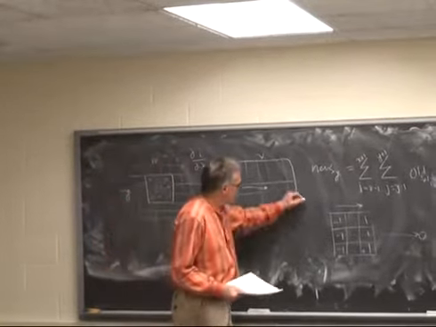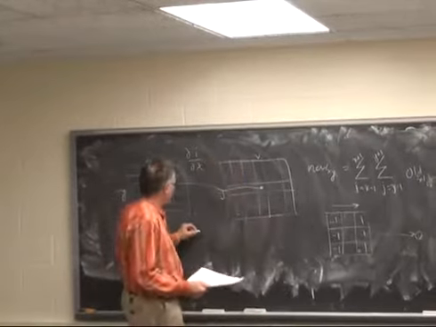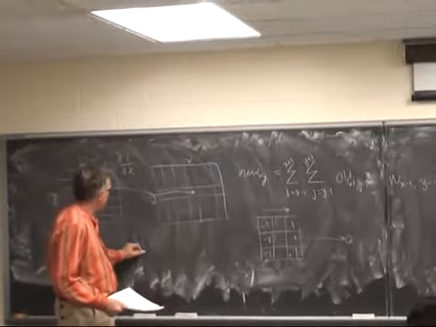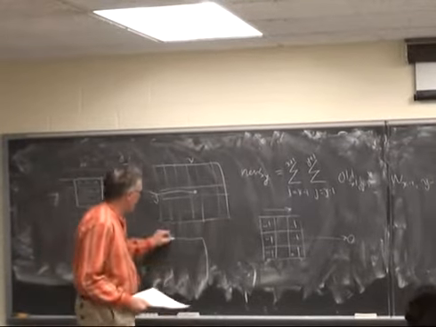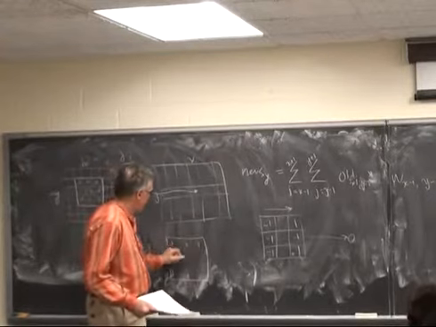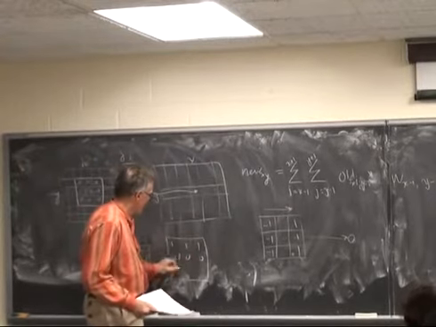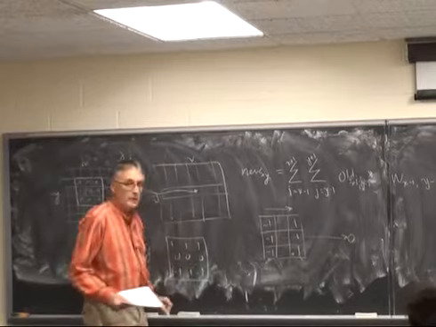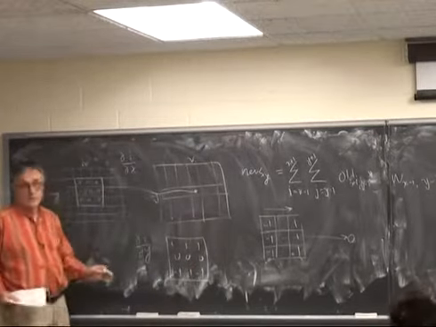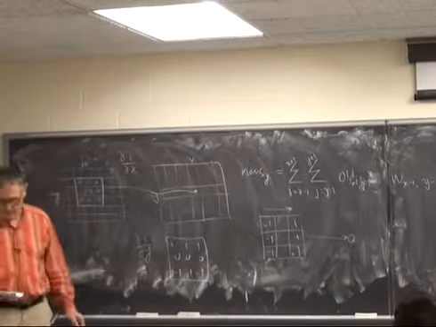So we can do the partial of intensity with respect to y by using a convolution filter that looks like this: 1, 1, 1, 0, 0, 0, minus 1, minus 1, minus 1. These are not the only possibilities. This is just an easy possibility.